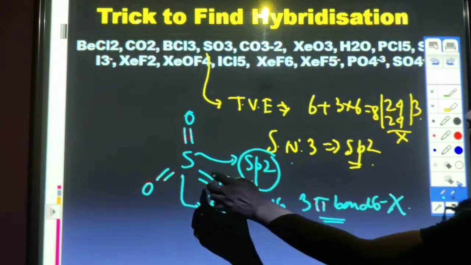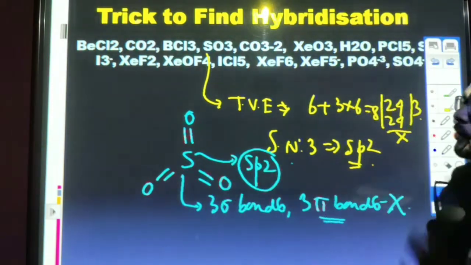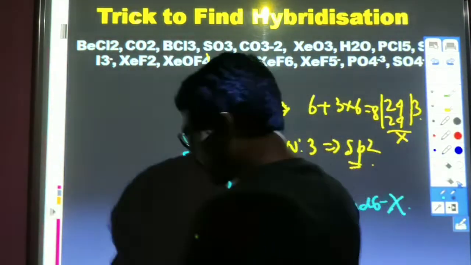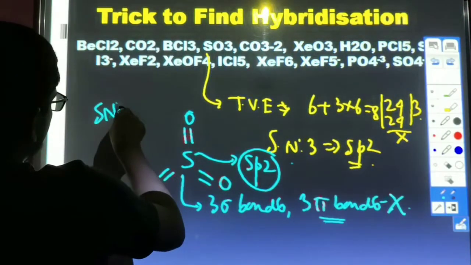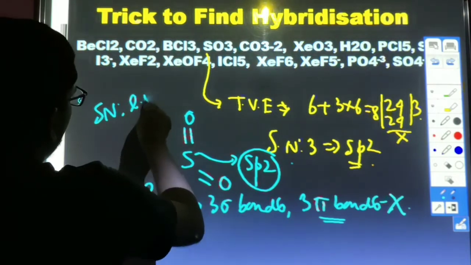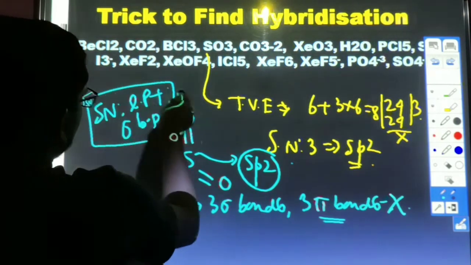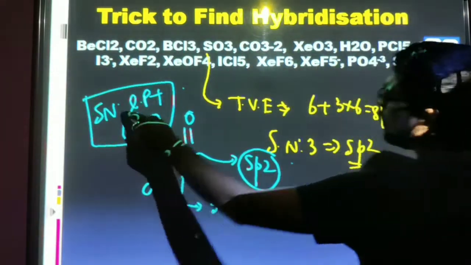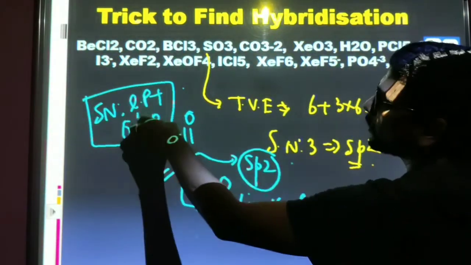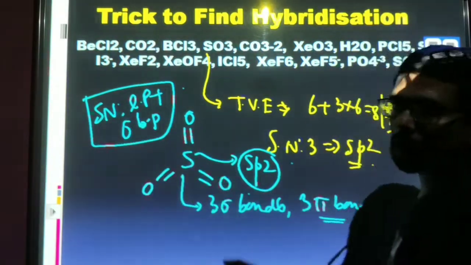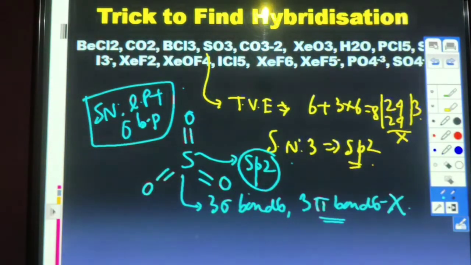We will only count 3 sigma bonds, and hybridization will be sp2, and there is no lone pair. Basically steric number is lone pair plus sigma bond pair. If you know that value, you just simply add it and you will get the steric number, and from that you can calculate the hybridization.